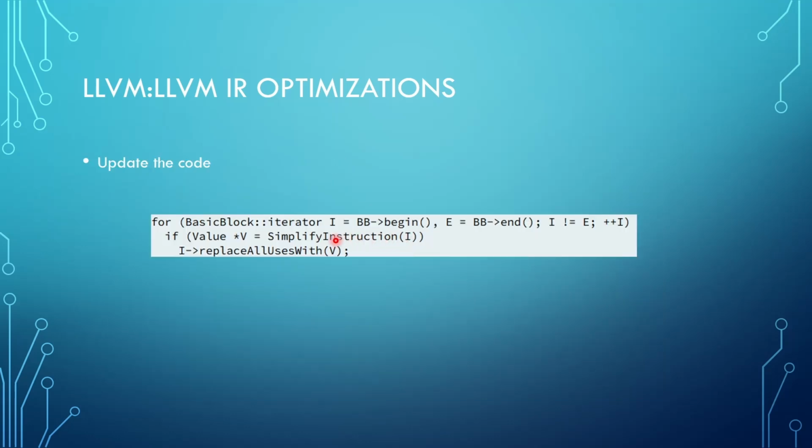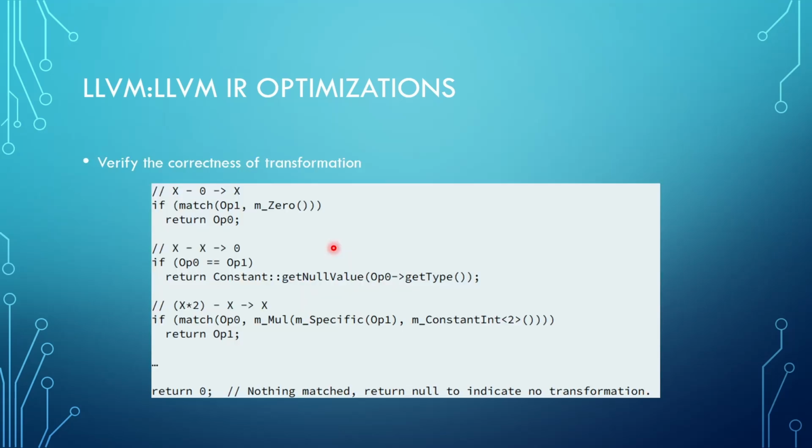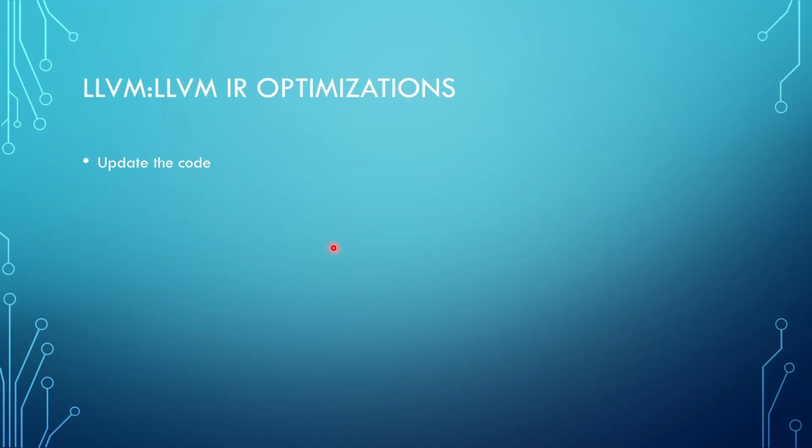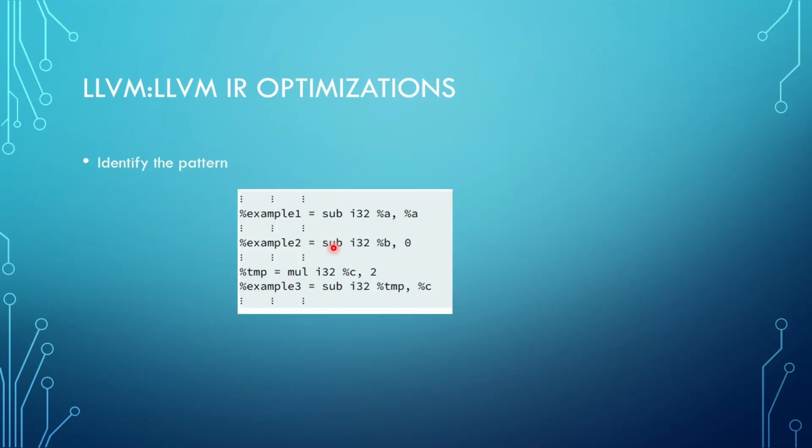And if the transformation is valid, if V is not null here, then we replace all uses of I with V, and this is the update step. So the second and third steps, this code and this code, go into the runOnFunction function in the pass that we want to implement. And this is the IR code that will get transformed.